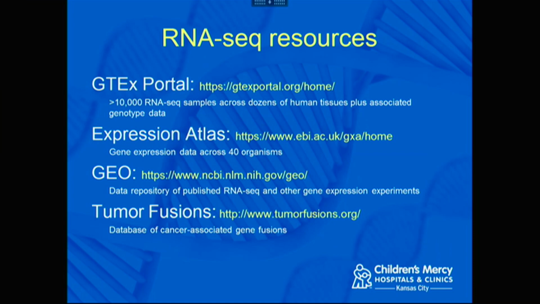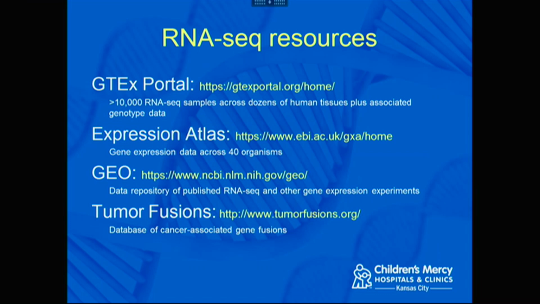Is that right, Byung-gil? Oh, okay. He's not sure, but these are tissue-specific experiments of different individuals, and in most cases the genotype of the individuals is also available. So this allows you to investigate whether certain genotypes might be affecting gene expression.